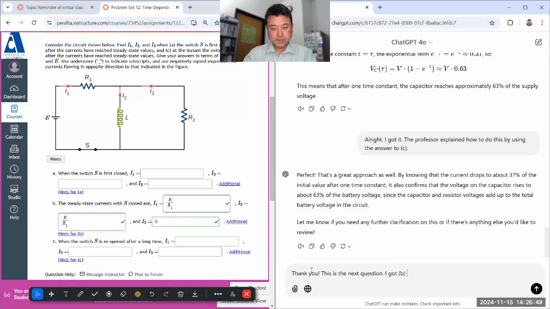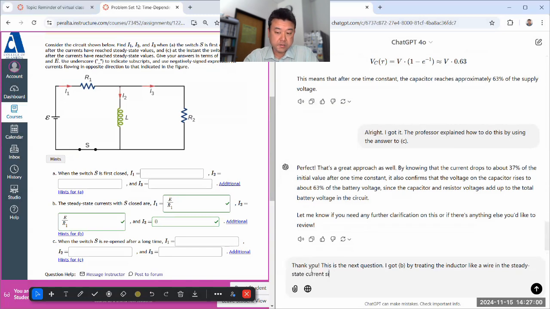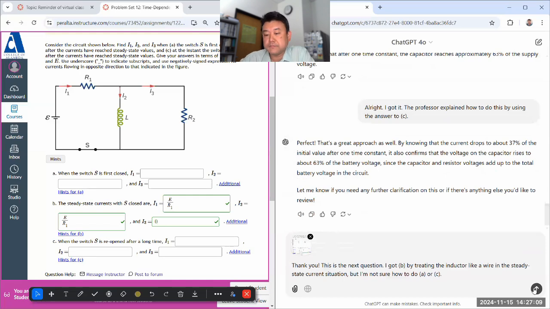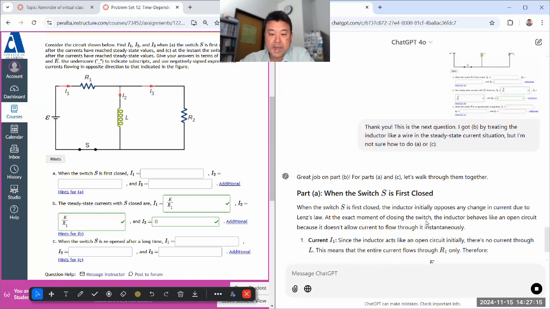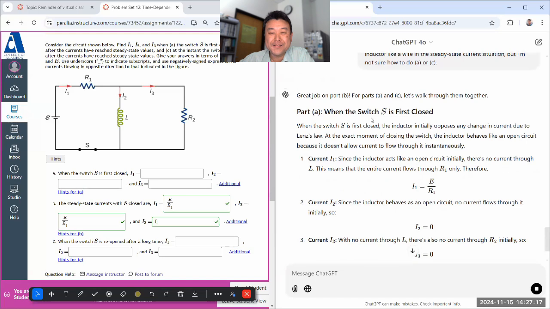I got B by treating the inductor like a wire in the steady state current situation, but I'm not sure how to do A or C.